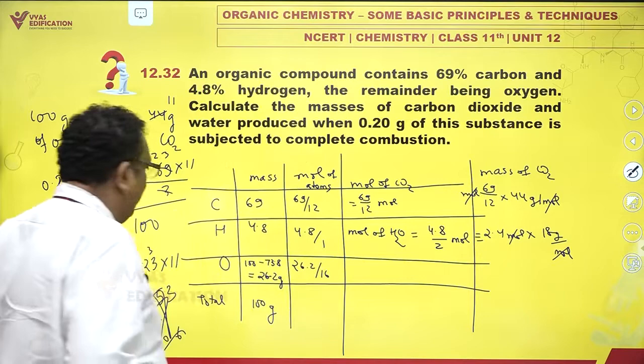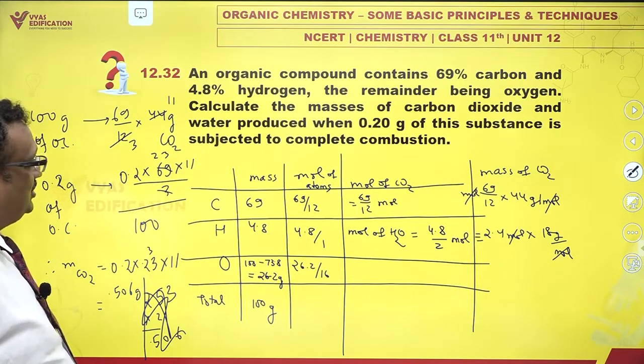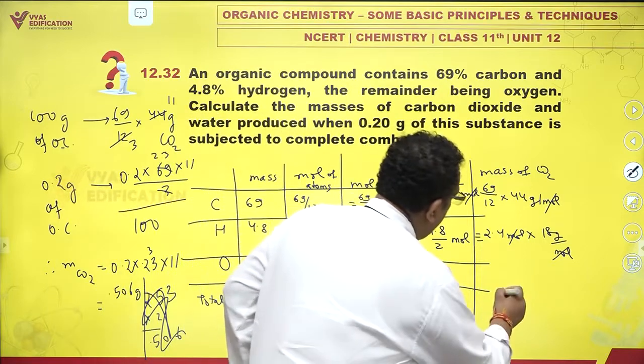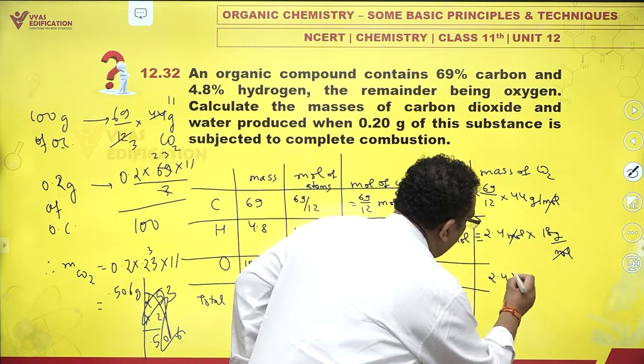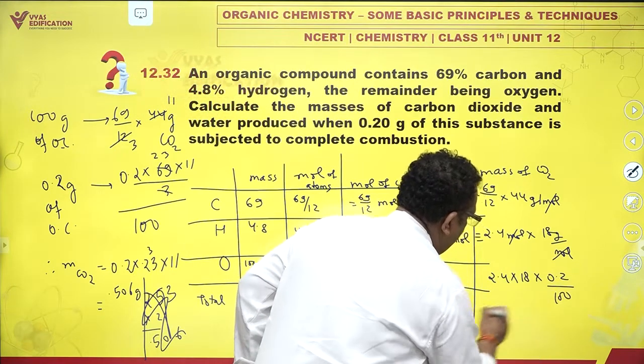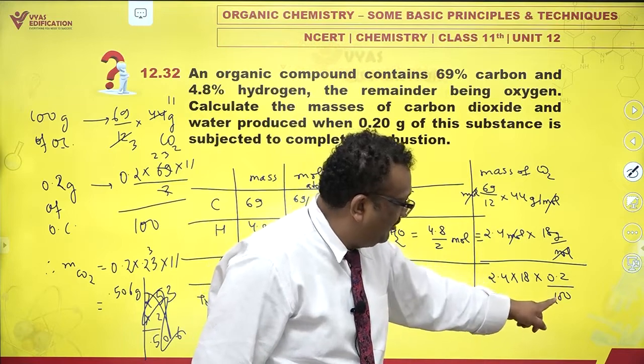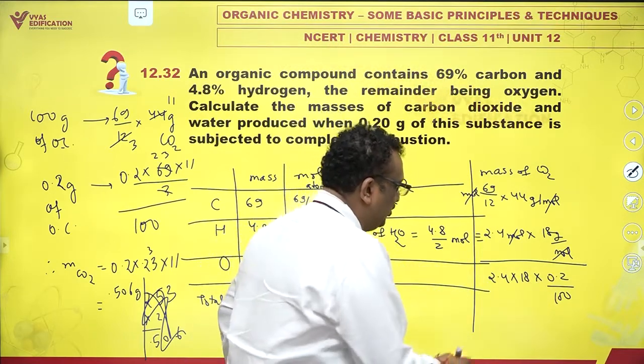Same way, we have mass of water. How much would that be? 2.4 into 18 into 0.2 upon 100. You repeat that thing. Instead of 100 grams, take 0.2 grams. This is the mass you would obtain.